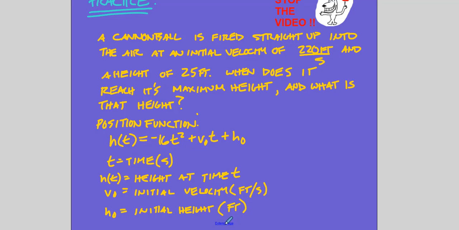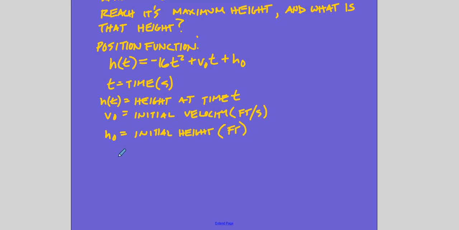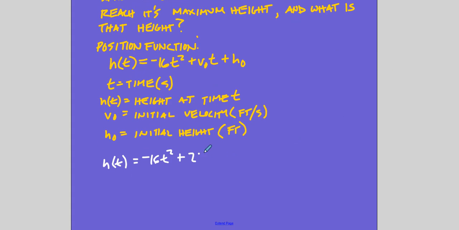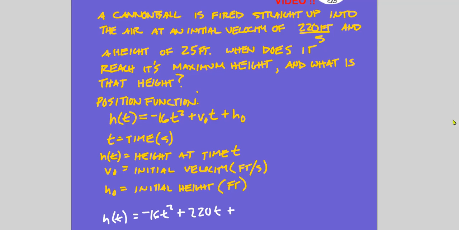Okay, so in this case, h of t is -16t squared plus the initial velocity this time is 220 feet per second, so that's 220t plus the initial height is 25.